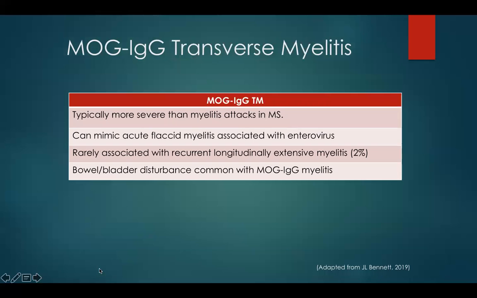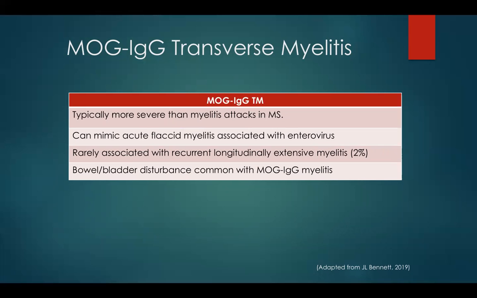Switching gears to the transverse myelitis that can happen with anti-MOG, it's typically more severe than the myelitis attacks we see in MS. It can actually mimic acute flaccid myelitis secondary to enterovirus, and it's rarely associated with longitudinally extensive myelitis, which is in contrast with NMO spectrum disease. It's estimated that longitudinally extensive myelitis secondary to anti-MOG only happens in about 2% of cases.